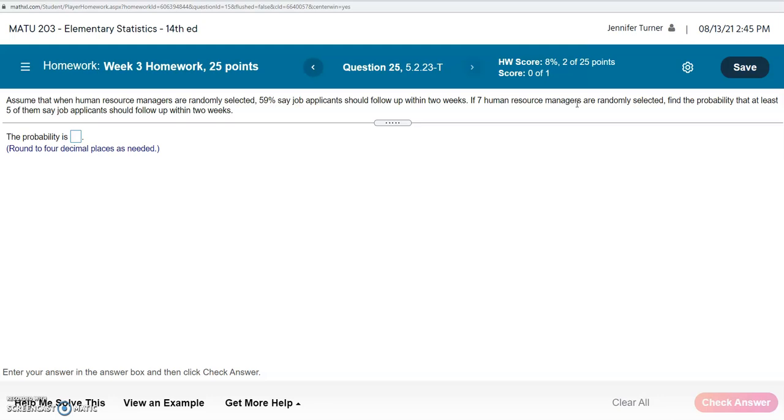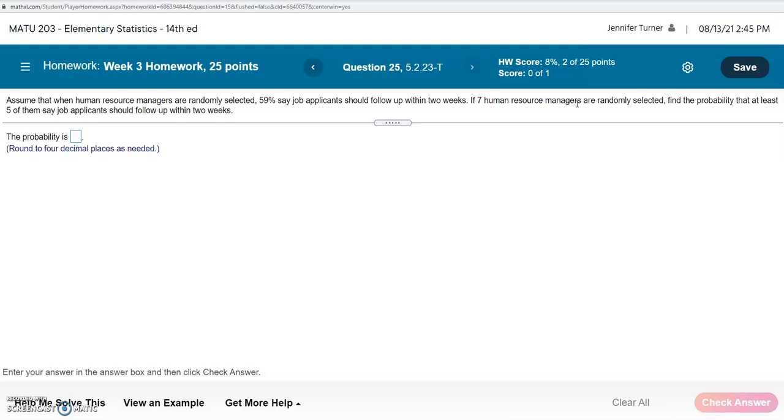The third is that all the trials are independent. So that means that these different 7 people that we surveyed, they're not related to each other. They don't know each other. They're not influencing each other's responses. So we can assume here that they are all independent. One person's response is not in any way influencing another person's response.